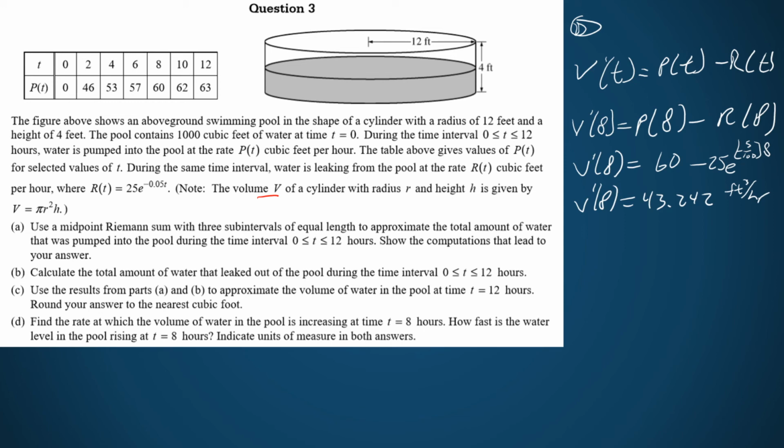The pi r squared h. Perfect. Pi r squared h is the volume of water that's in the tank right now. Therefore, when I derive this, since my radius does not change regardless of what the water level is, my only variable here is height. So when I derive this, V prime should equal what?